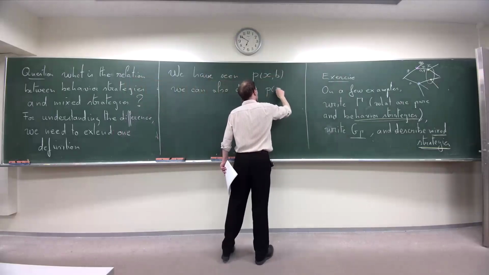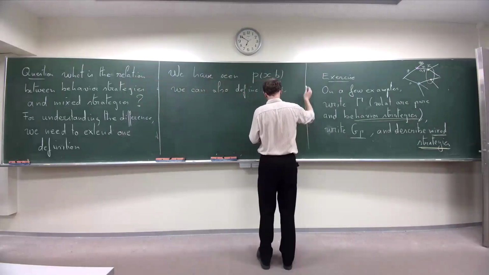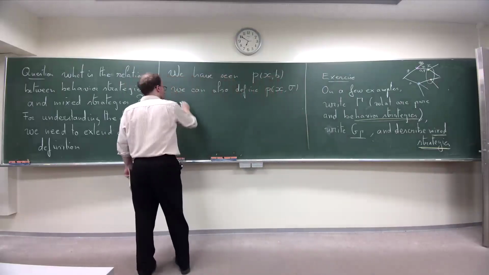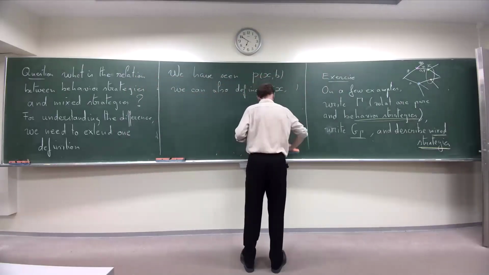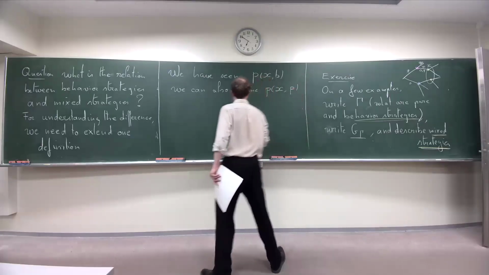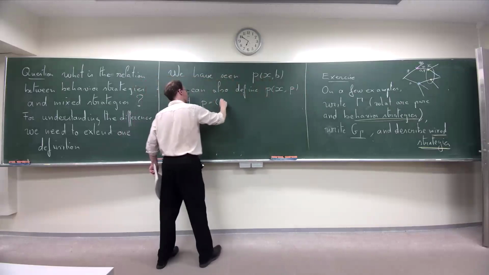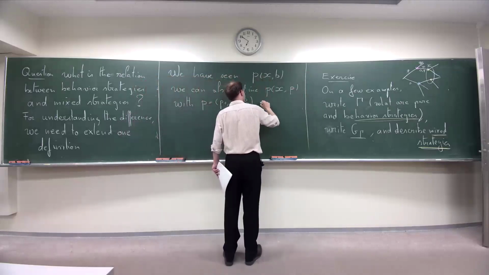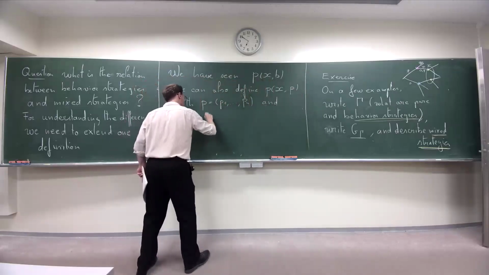P of X, and I'm going to use another letter, sigma. No, I can, let me put another P, with P1, Pn. I will explain what Pi is.